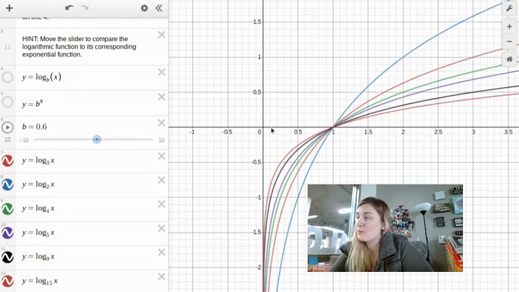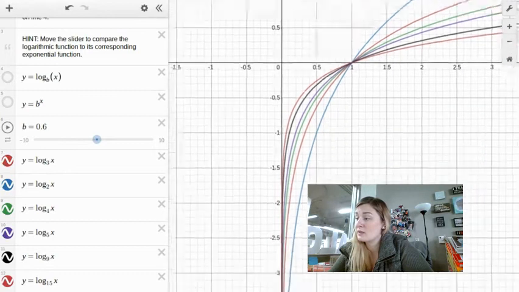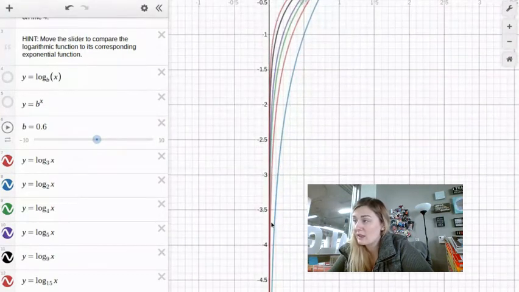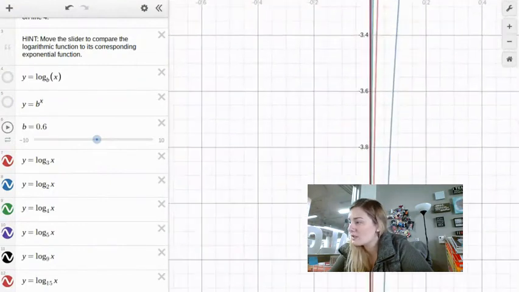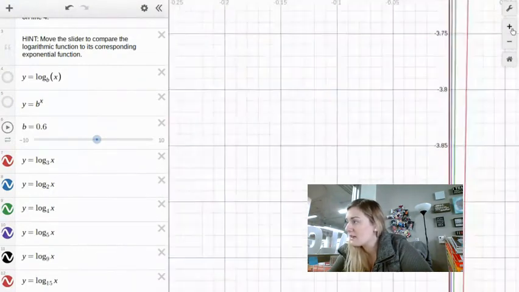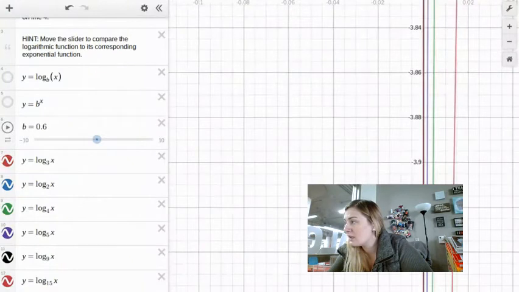That means that our domain is always going to be x is greater than 0. And it can't be equal to 0 because it's never going to even touch that line. It just gets really close. These look like they're touching that line, but they're just so super close that if I even zoom in here, you can see, okay, they're really close, but they're still not touching that line.